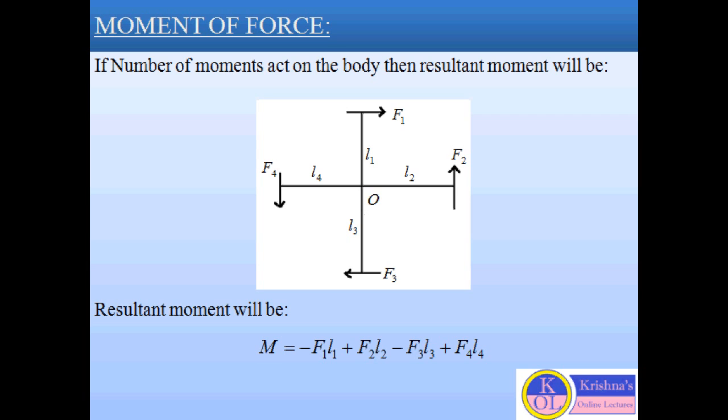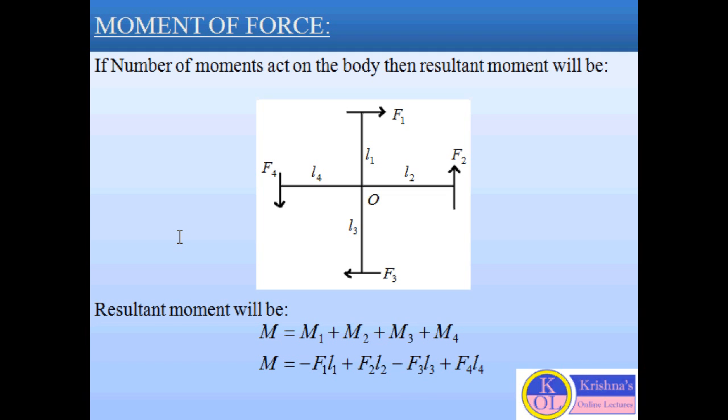In the previous diagram we considered only one force or one moment acting on the body. Now if there are a number of forces or moments acting on the body, the resultant moment will be the algebraic sum of these moments, and the effect of the moment on the body will be measured by its turning tendency.